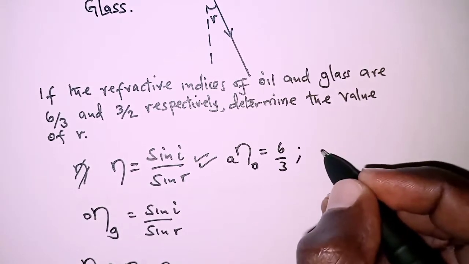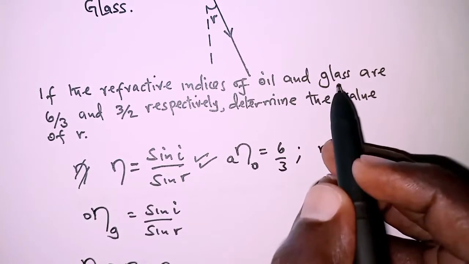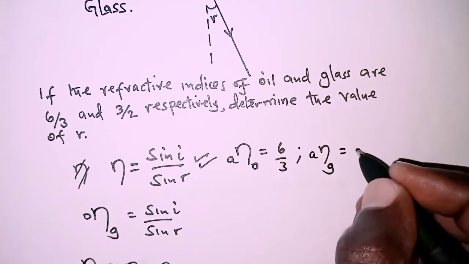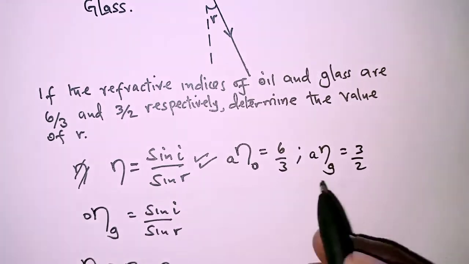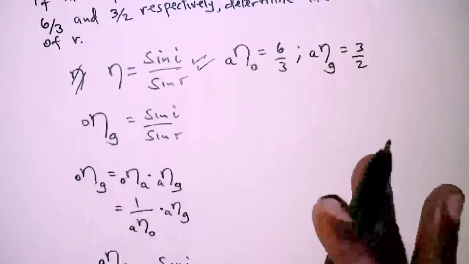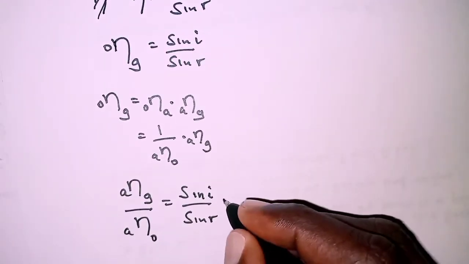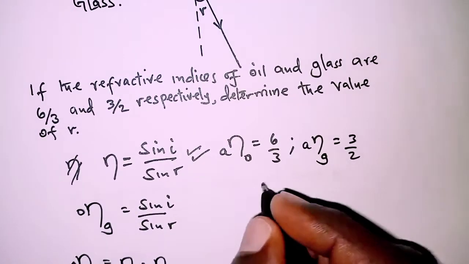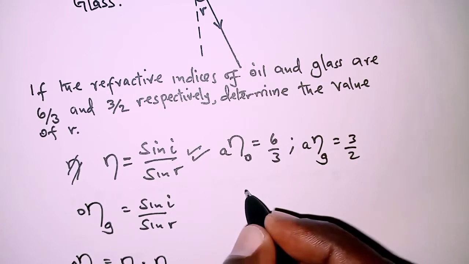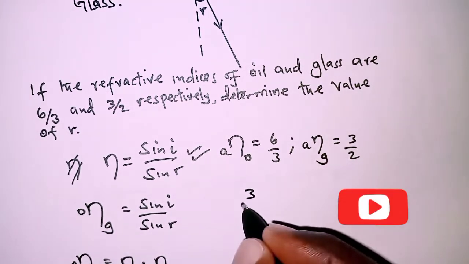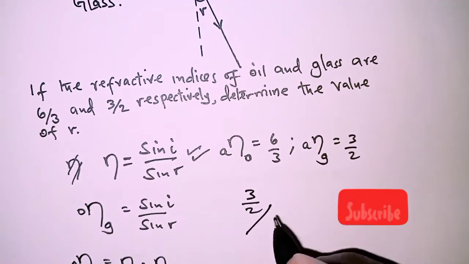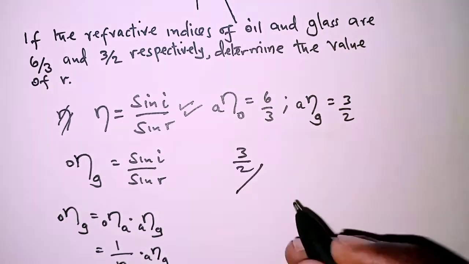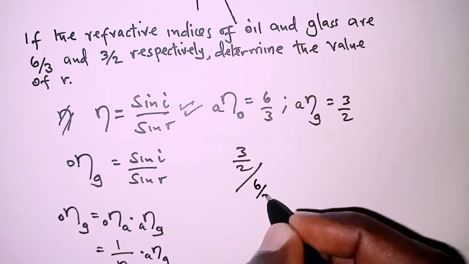And again, we are told that the refractive index of glass, that is of glass with respect to air, is 3/2. Now applying these to this equation down here, we are simply going to have the refractive index of glass, which is 3/2, all divided by the refractive index of oil with respect to air, and that is 6/3.